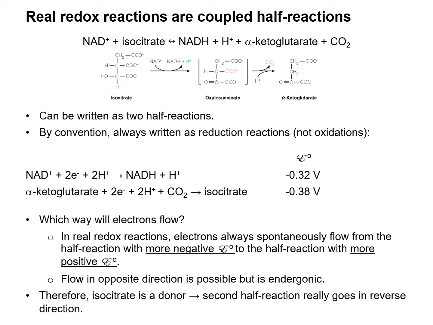So in this case, the electrons flow from this half reaction to this half reaction. The flow of electrons in the opposite direction is possible too, but it would be an endergonic process. Therefore, isocitrate is a donor, and this second half reaction is actually moving in the reverse direction, starting from isocitrate and being oxidized to alpha ketoglutarate.